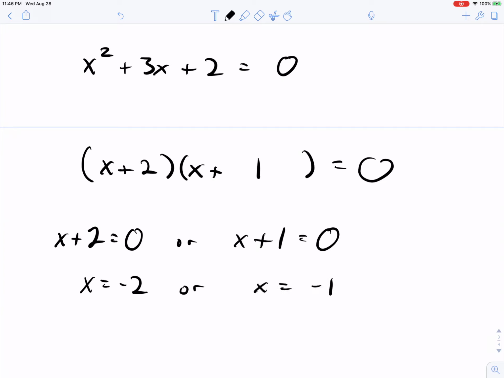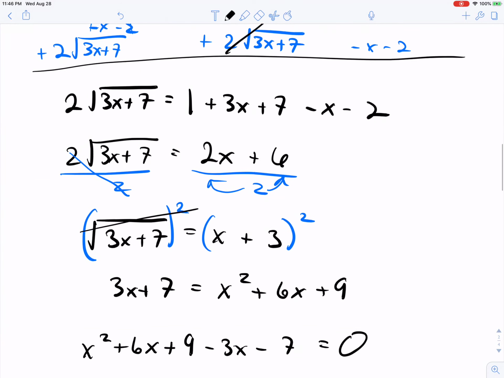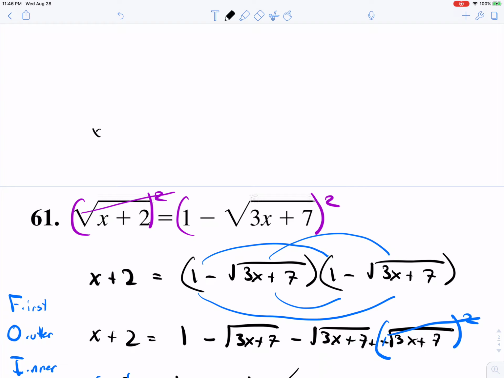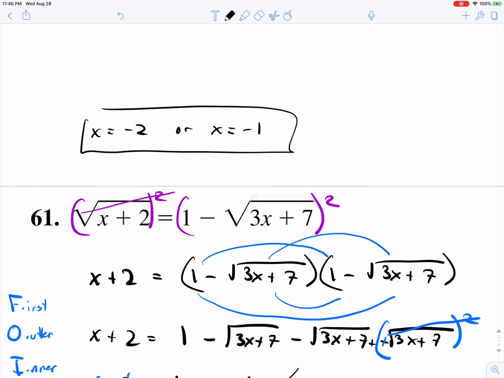Then we need to check both of these in the context of the original. So if we go back to the original, we got x equals -2 or x equals -1. So let's try when x is -2.